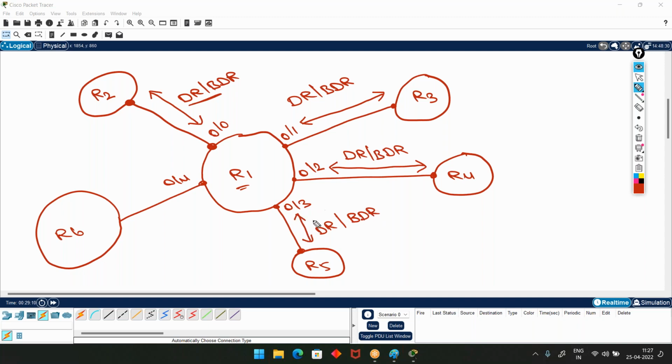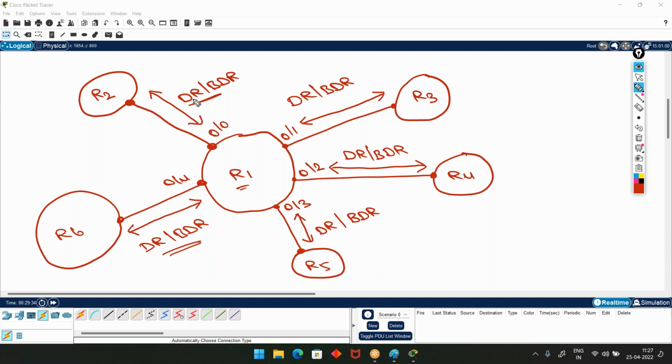Between the 0/4 interface and the R6 router, again we can see the DR and BDR election.